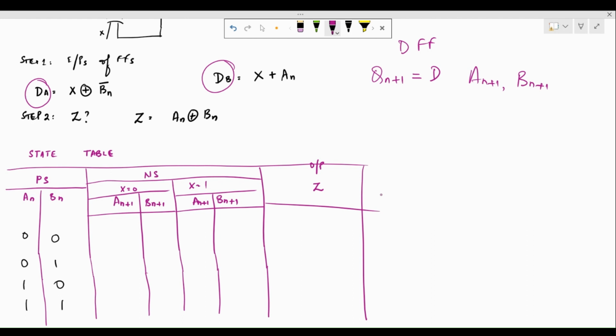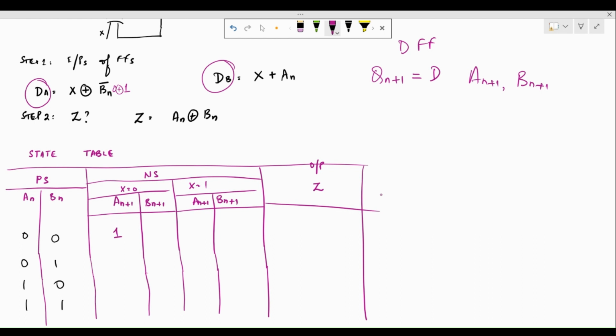I'm directly going to fill An plus 1 and Bn plus 1 with the values that I get for DA and DB by substituting X, An, and Bn. In the first case, we have Bn is 0, so Bn bar is going to be 1. X in this column is 0, so 0 XORed with 1 is going to be 1.